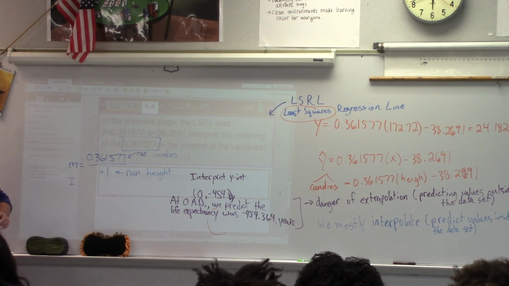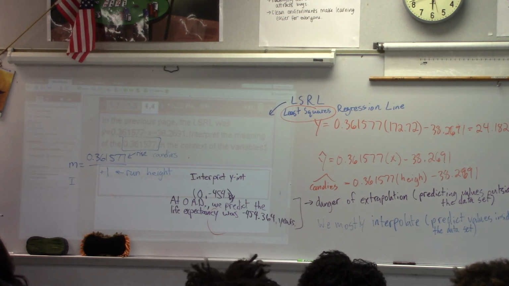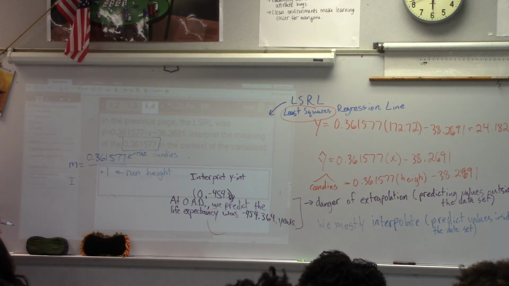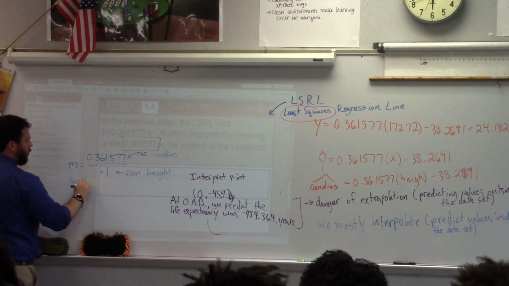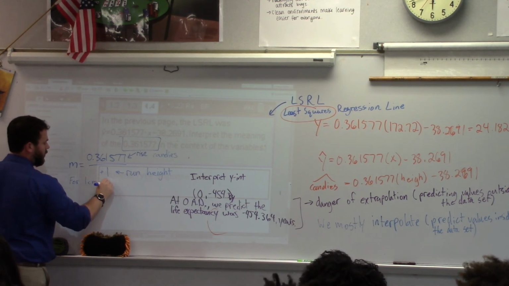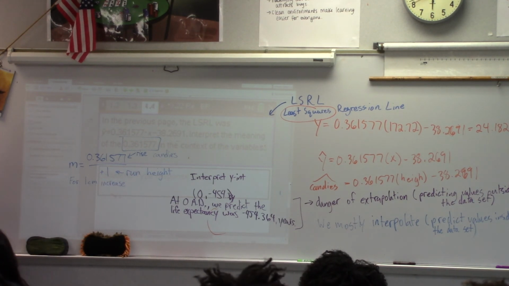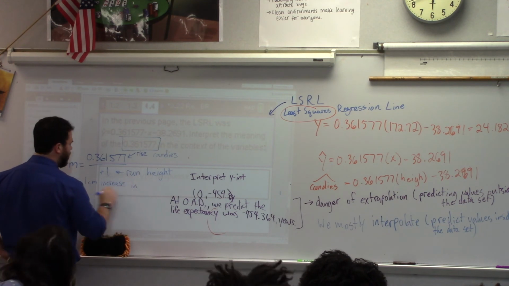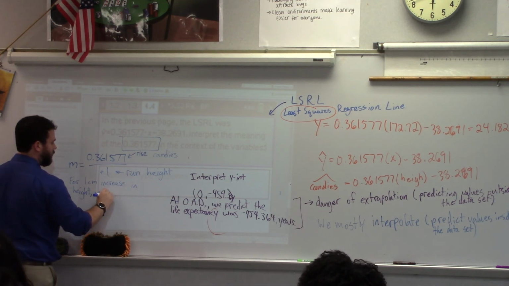For every centimeter. So for every 1 centimeter we predict an increase in what? In height. For every 1 centimeter increase in height, we predict 0.36 more candies.